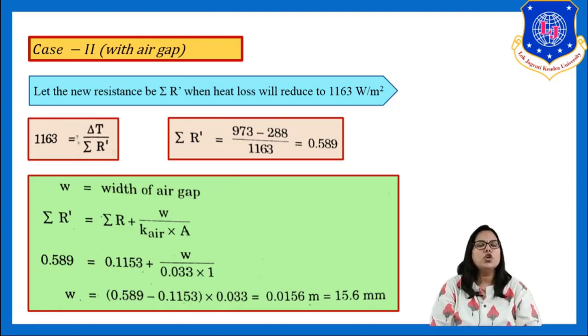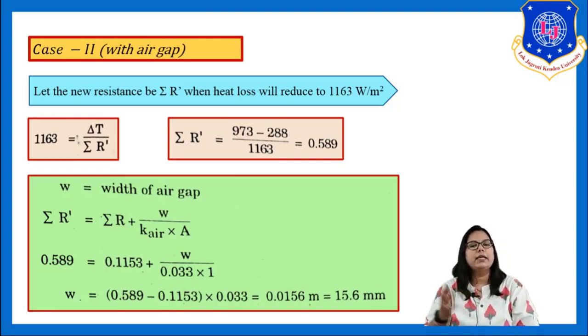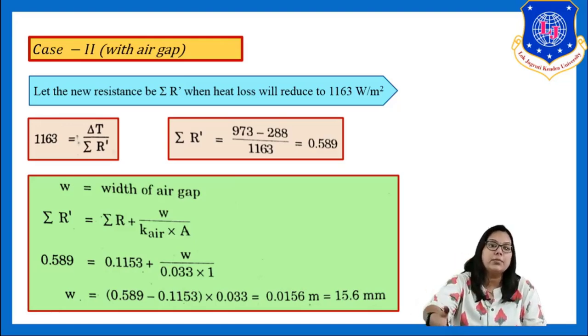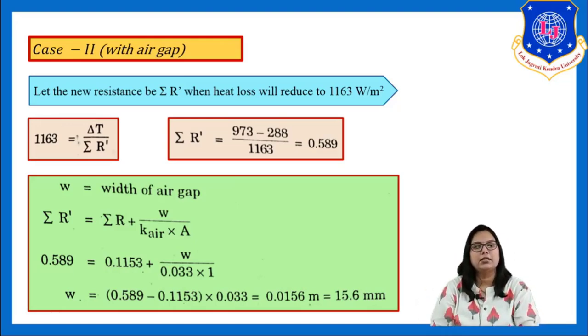In such types of examples where two cases are given, the first case is the composite wall and the second case introduces the air gap, or in some cases another material between two other materials.